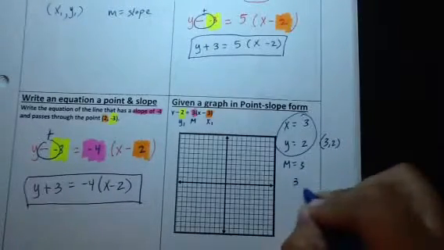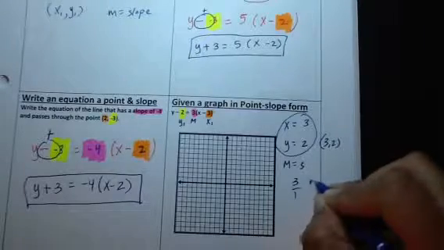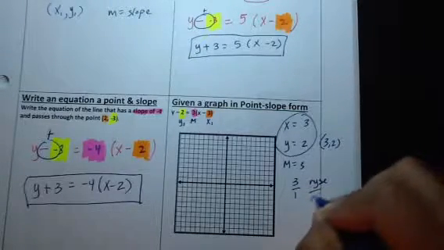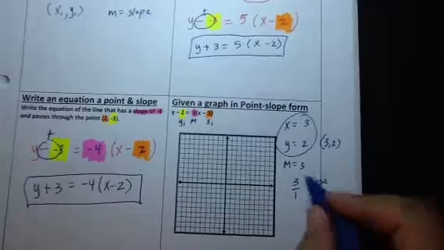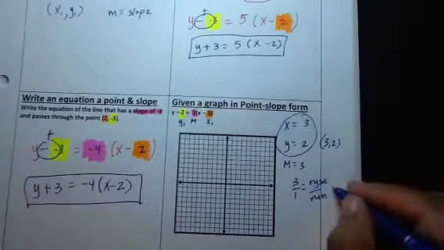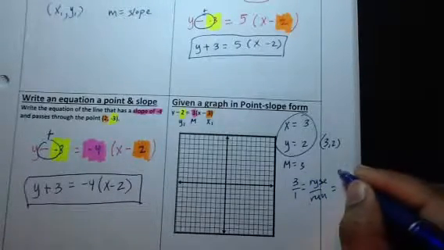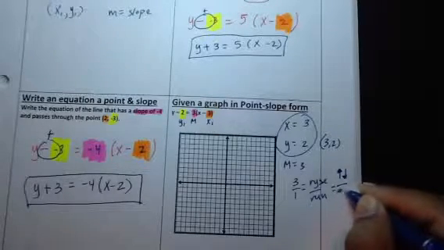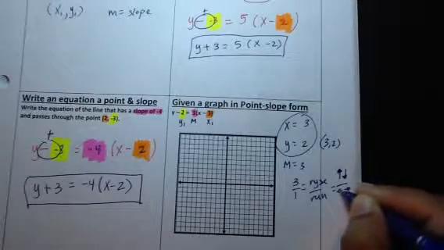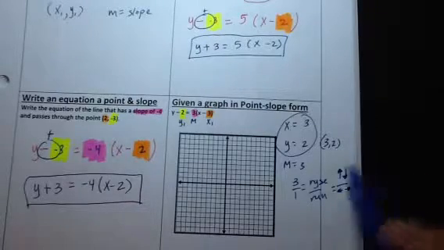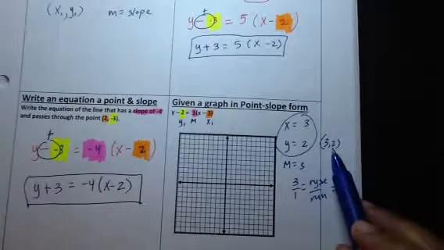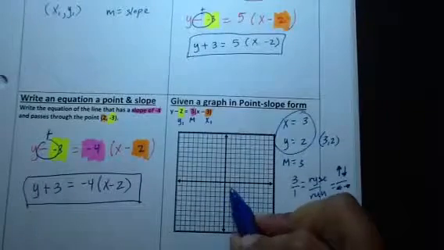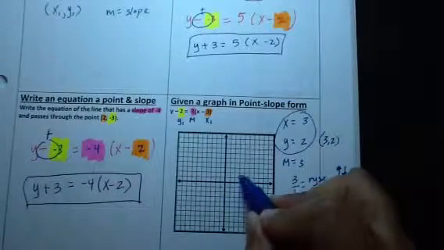So remember, I can write that as a fraction, and it's rise over run. And remember, I misspell rise because the y goes up and down, and then you run side to side. So I would have to plot the point 3, 2 first. So I would go over 1, 2, 3, up 1, 2.